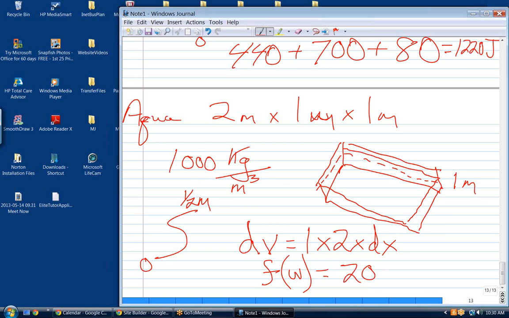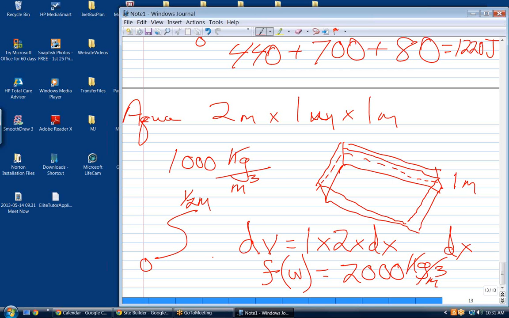So the force is 2,000 kilograms per meter cubed times dx. In other words, every single slab of that water weighs 2,000 kilograms per cubic meter times its thickness, which is dx.